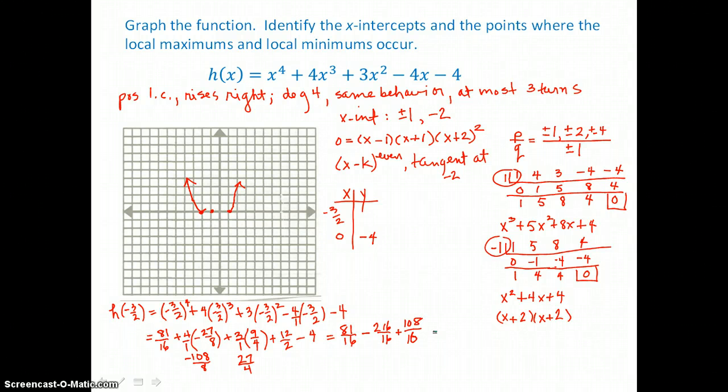And then I want to write that fourth term as 16ths. So I'm going to have to multiply top and bottom by 8. And 8 times 12 is 96. And the last term, 4/1, I'll multiply top and bottom by 16 and get 64/16.